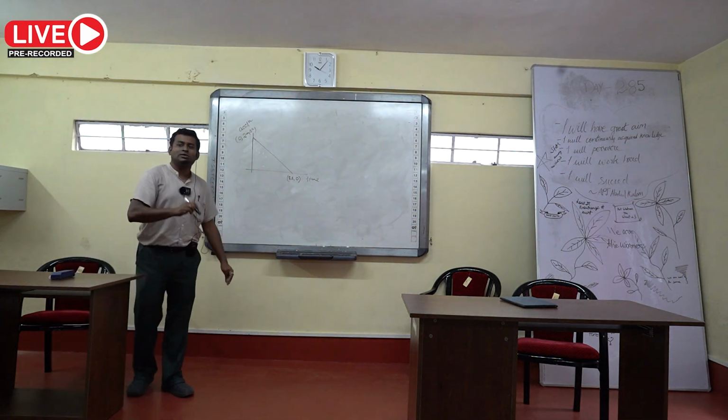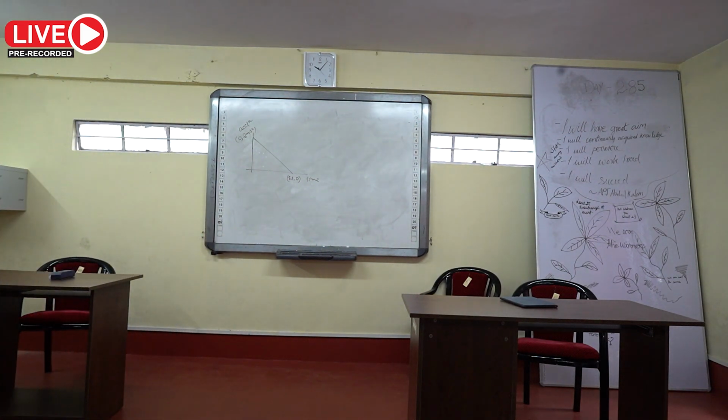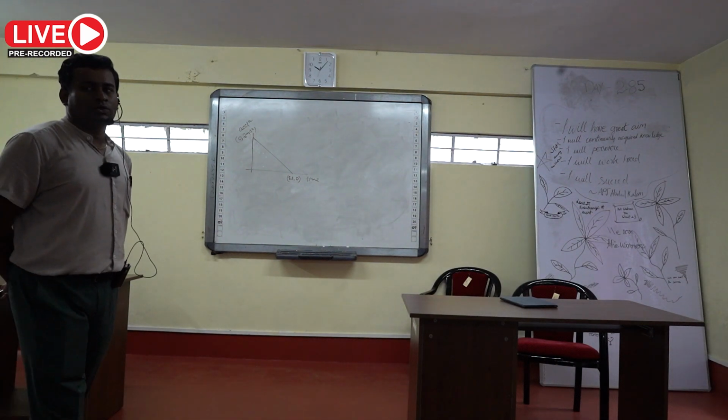First write down this one. Area under acceleration time graph represents velocity.